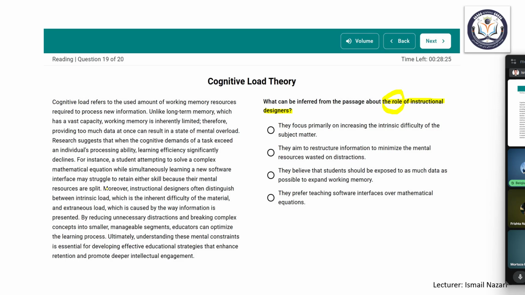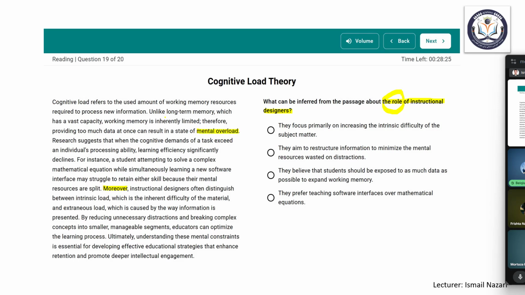So let's read it here. Moreover, it adds information to the previous point. Here the previous point was about the long-term memory, which has a vast capacity, and the working memory, which is limited. And it said that when the working memory has lots of data at once, it will cause mental overload.